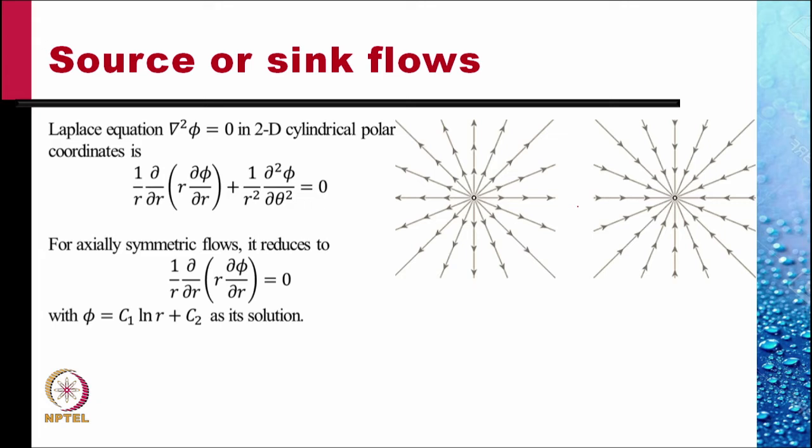Just like stream functions and velocity potential, we can add an arbitrary constant to any of the velocity potential and stream functions, because it's only the difference of the stream functions or the gradient of velocity potential that matter.